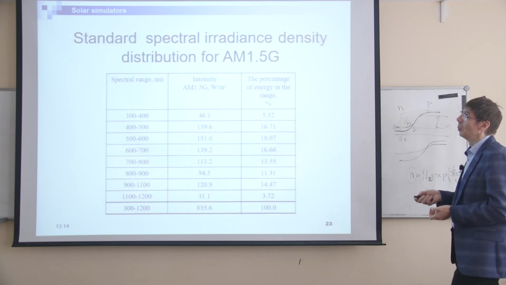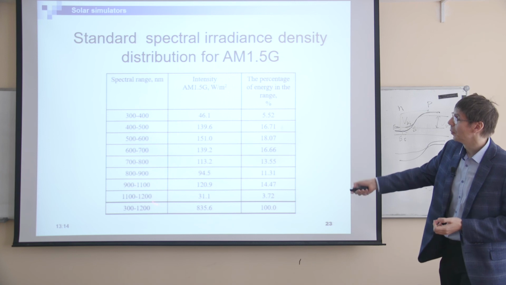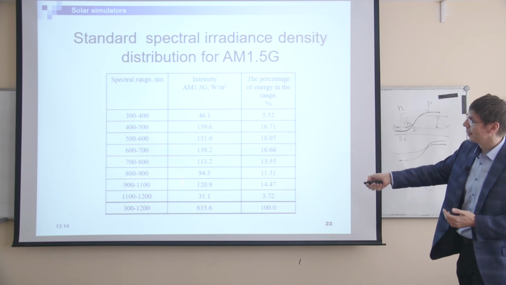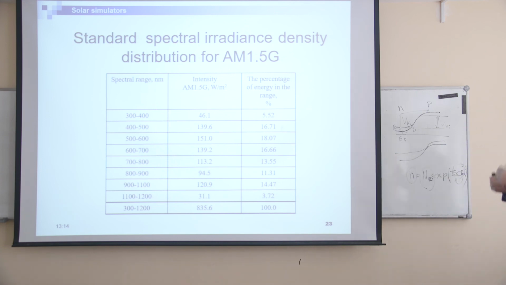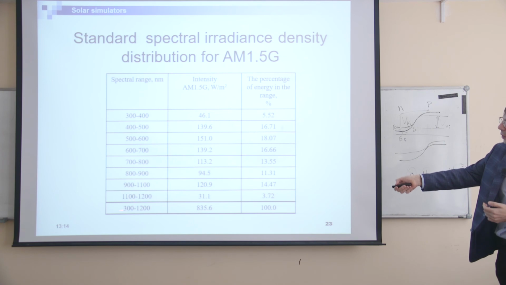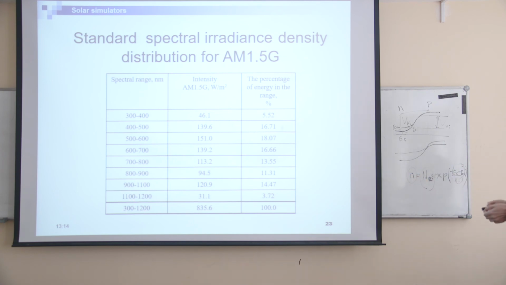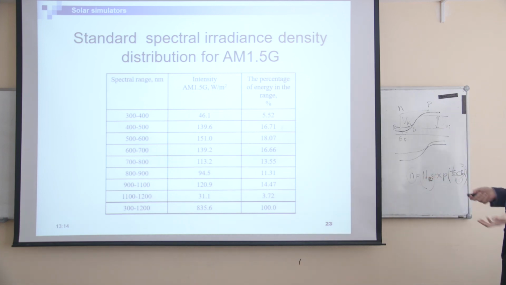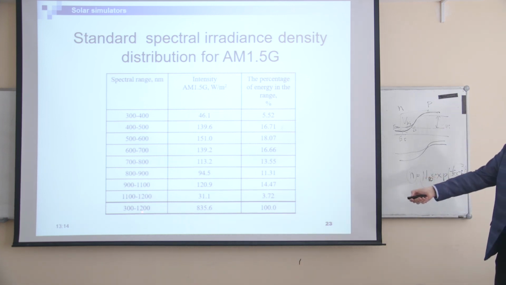The same when we are speaking about spectrum match, it's given for this range, 300 to 1200, and actually it means that when you find some solar simulator of spectrum match A, it's only in this range.